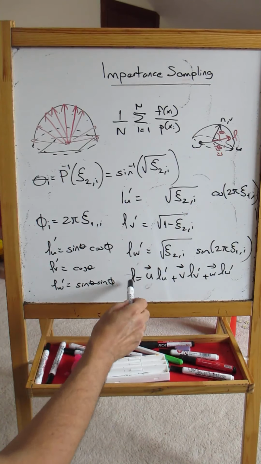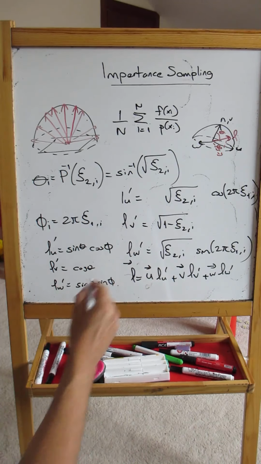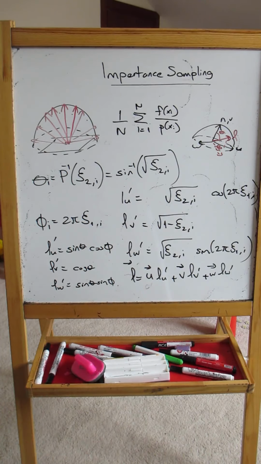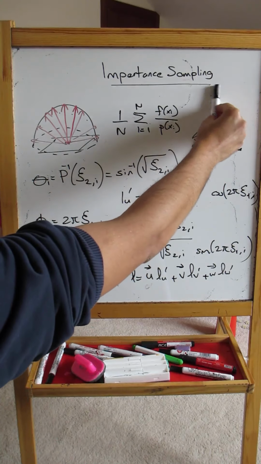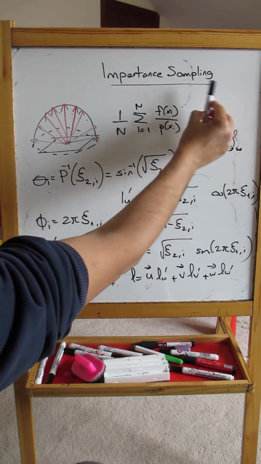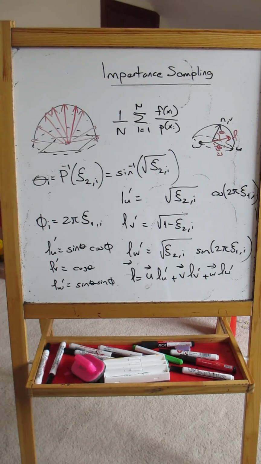So the light vector L created like that, with this formulation, is going to have a higher probability for directions that are closer to N. So it will give more probability here and less probability here. Okay? So this concludes our lecture on sampling, the theory of sampling that we need for Monte Carlo ray tracing.